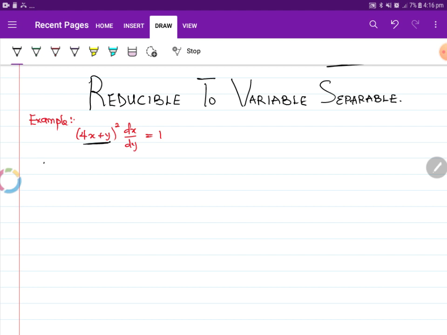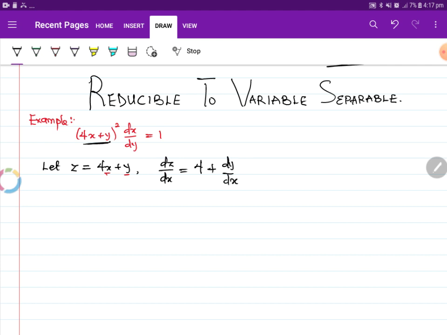So we can say that let z equal to 4x plus y. If I'm to differentiate z with respect to x, what do I have? If you differentiate 4x with respect to x, I have 4 plus, if I differentiate y, implicit differentiation, if I differentiate y with respect to x, I have dy dx.